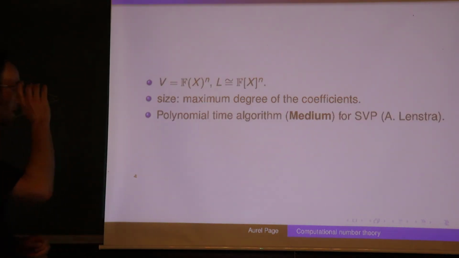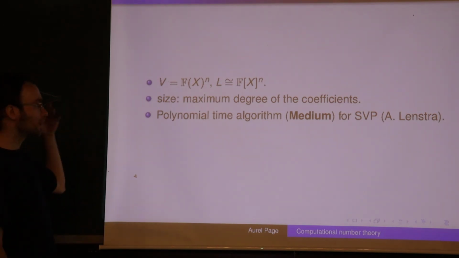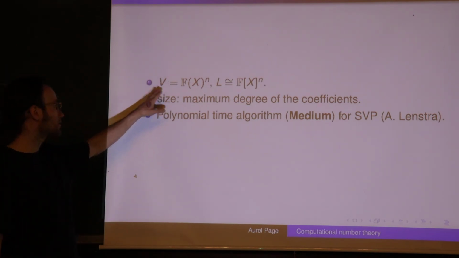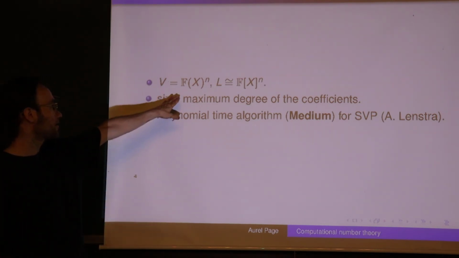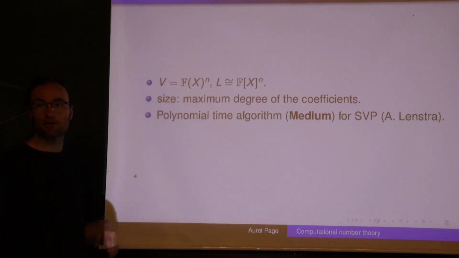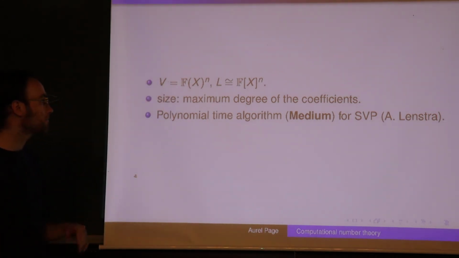Okay, one quick mention about another kind of lattices. You can also do lattices over function fields. In this case, you replace your real vector space by a vector space over the field of rational fractions over a field, let's say a finite field.